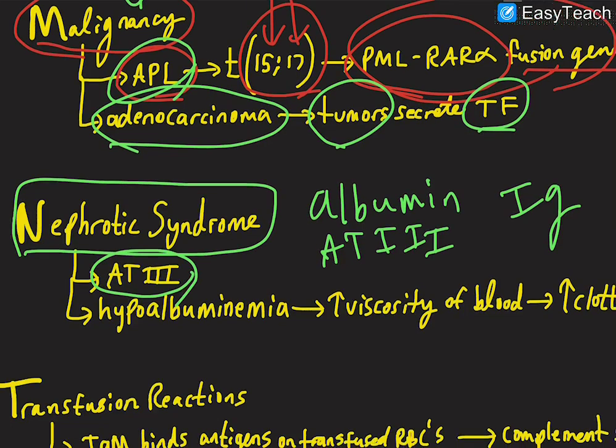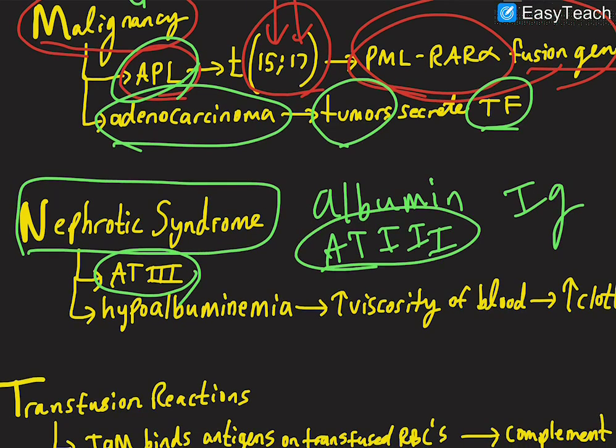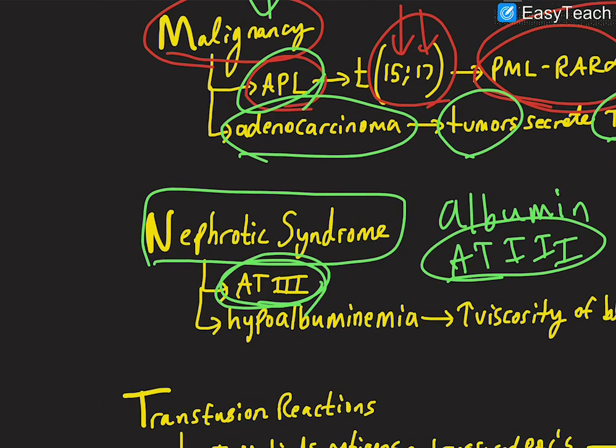Antithrombin 3 inhibits factors 2 and 10 mainly, but if you're peeing out a lot of antithrombin 3, now you're prothrombotic because you can't inhibit coagulation factors anymore, especially factors 2 and 10.